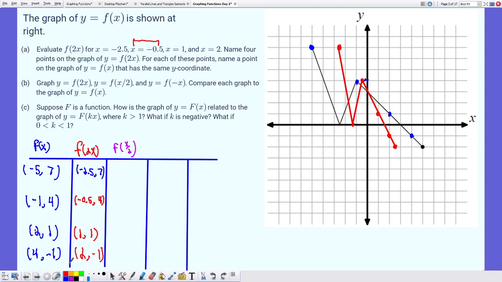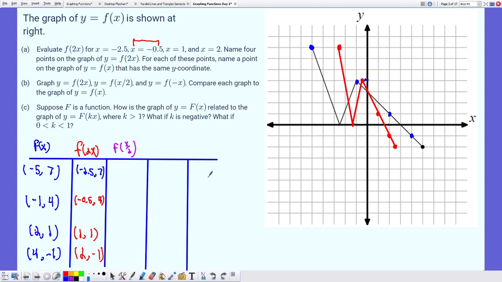So the basic gist of this is that in our original function, let's say our x value was negative 5. And when we found it for 2x, we had negative 2.5 because 2 times negative 2.5 is negative 5. So what we should be asking is what value, when cut in half, will get us negative 5.